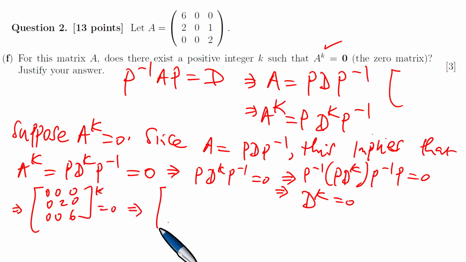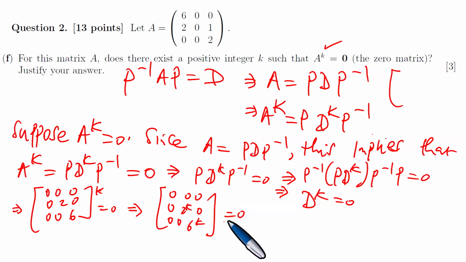To the power k, the k is just going to be on the diagonal entries. So it's going to be 2 to the power k, 0, 0, 6 to the power k. And then this is equal to 0.